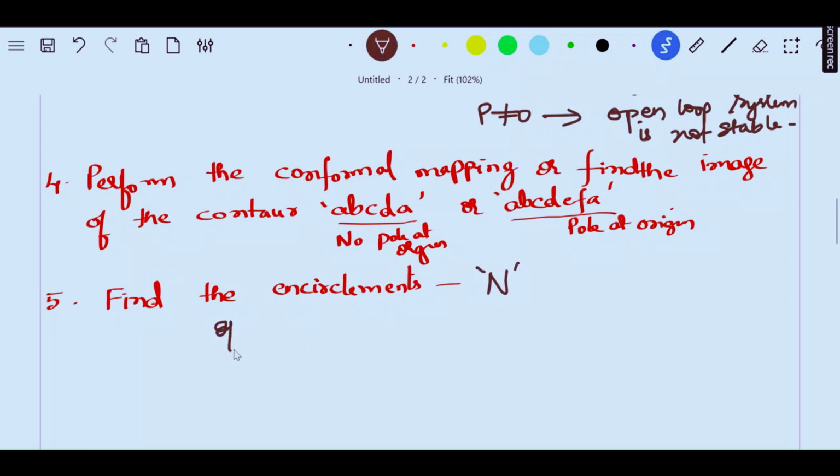Now, if the encirclement is clockwise, then the capital N is considered to be positive.